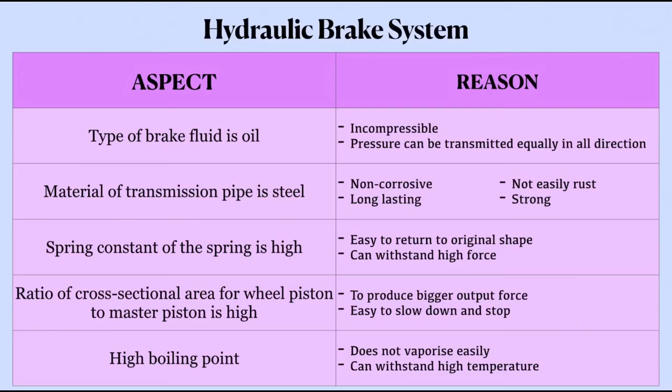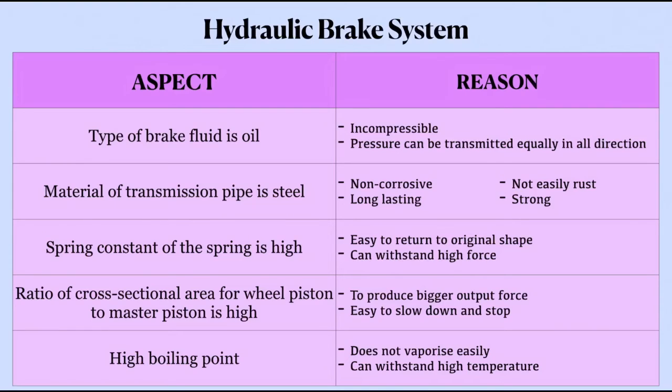First, I choose oil as the type of brake fluid. Why? Because it's incompressible and pressure can be transmitted equally in all directions. Second, I use steel for the material of the transmission pipe because it is non-corrosive, long-lasting, not easily rusted, and strong.